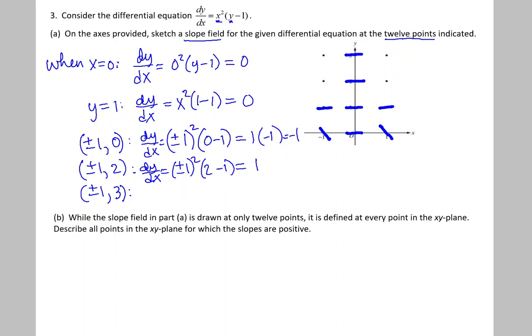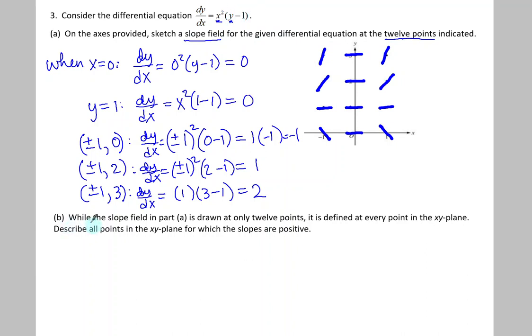So at 1, 2, it's a positive 1 slope, and at negative 1, 2 as well. Then at 1, 3, the derivative dy/dx is 1 times 3 minus 1, which makes 2. So a slope of positive 2 at both of these points, which means just a little steeper than that slope, which was positive 1. And there I have the slope field for that given differential equation.